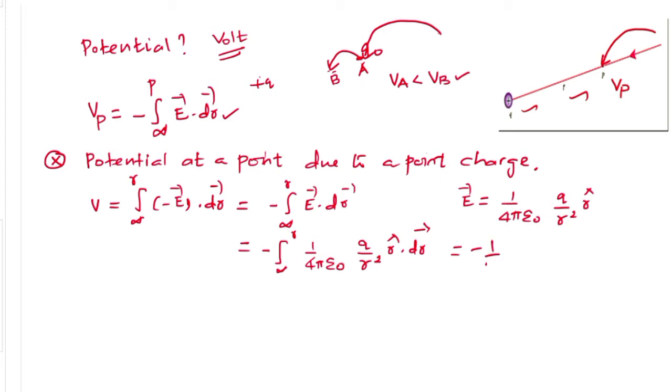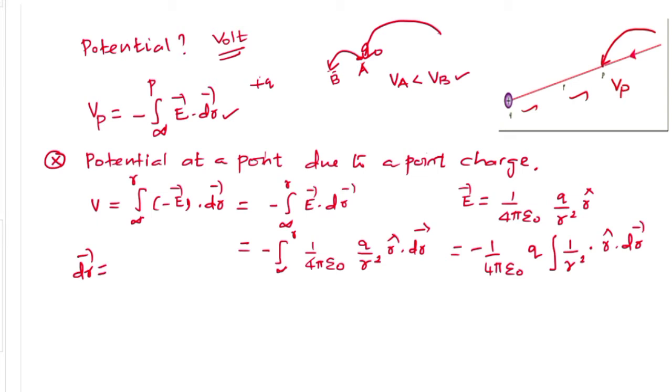Minus 1 by 4 pi epsilon 0 is a constant, q is constant, and we can also take r square outside. But right now I keep this r square inside, 1 by r square, because we are going to use r cap into dr vector. Understand well, how can we write dr vector?